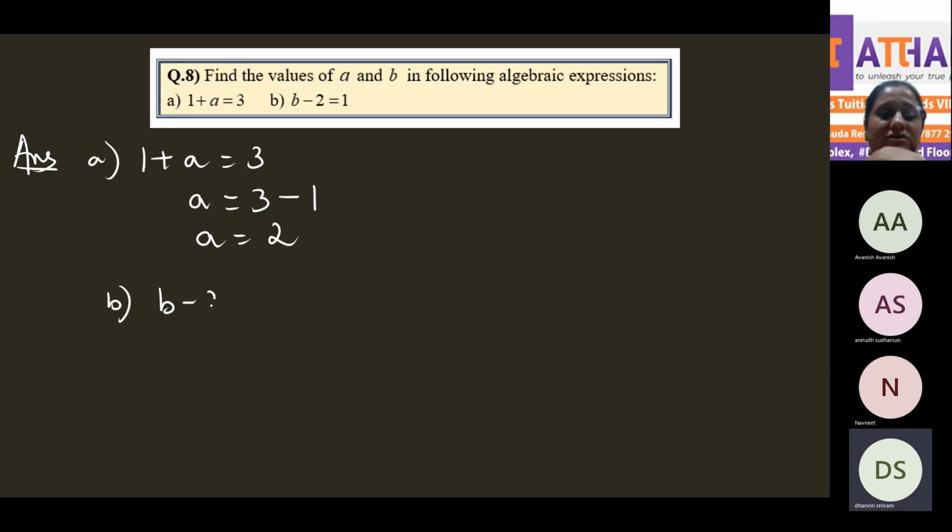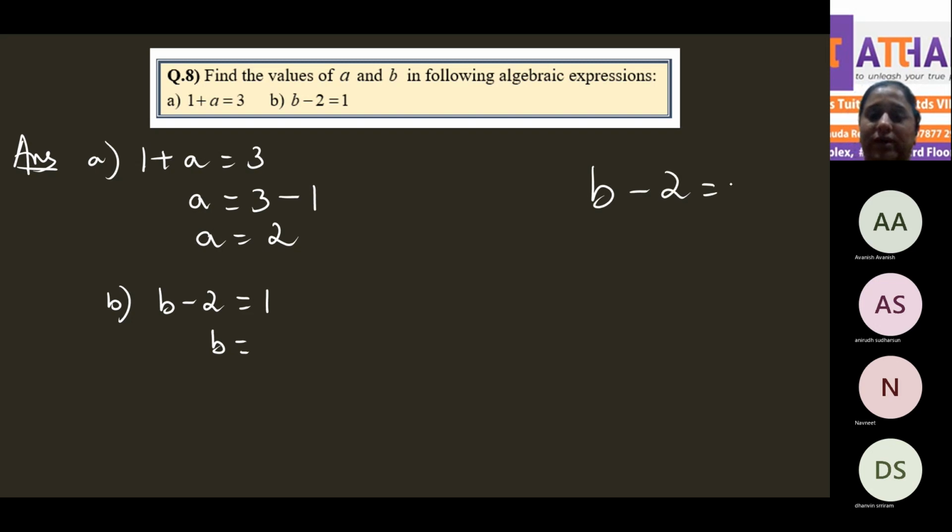Avinash? Ma'am, B is equal to minus 2. No. See, look at this one. B minus 2 is equal to 1.